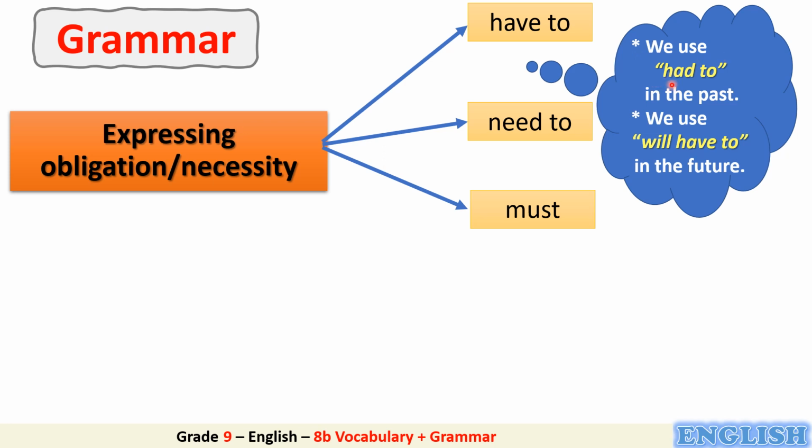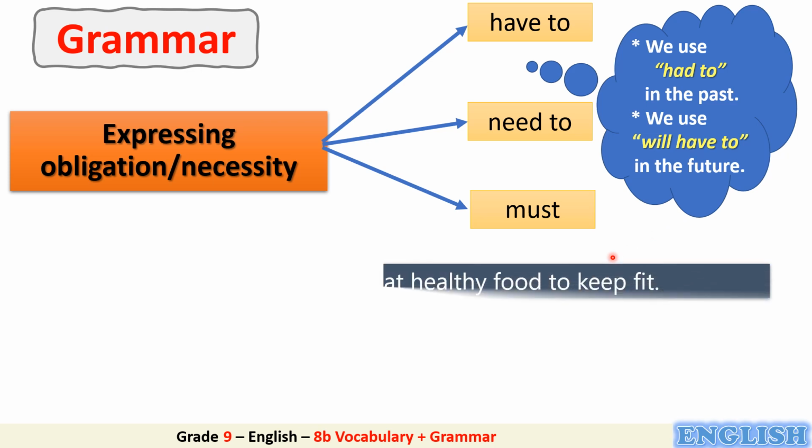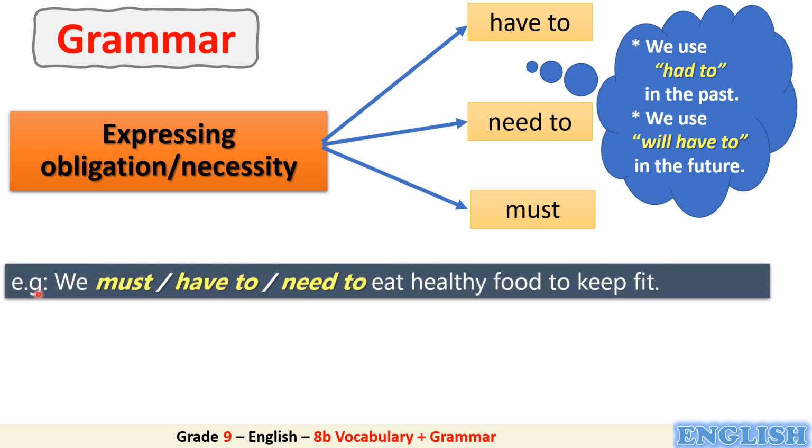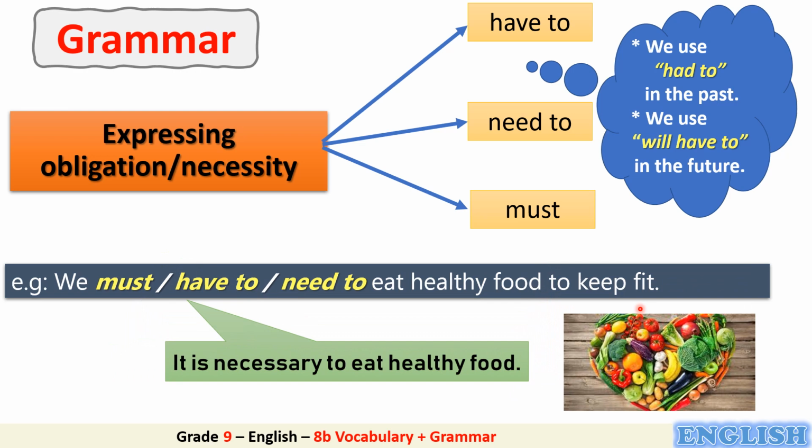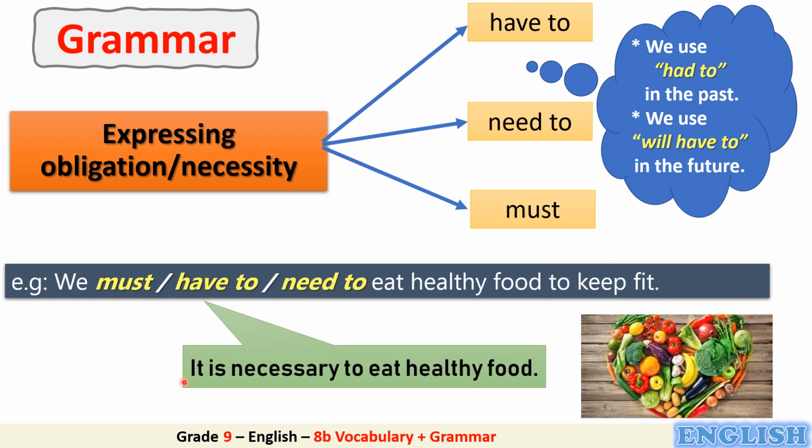And we use had to in the past of have to, and we use will have to in the future. Let's see the following example. We must or have to or need to eat healthy food to keep fit. This means it is necessary to eat healthy food.